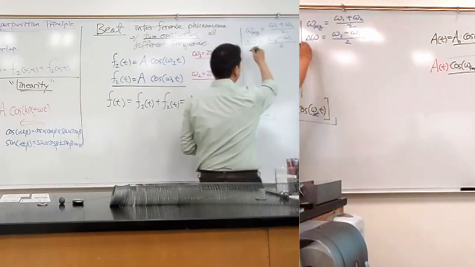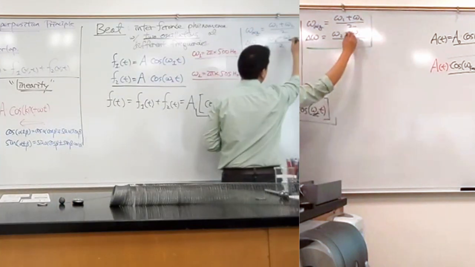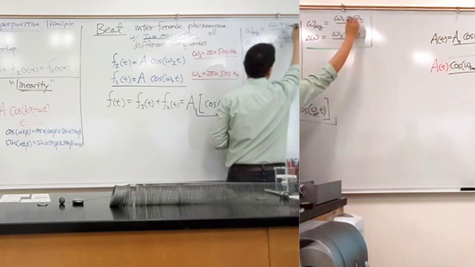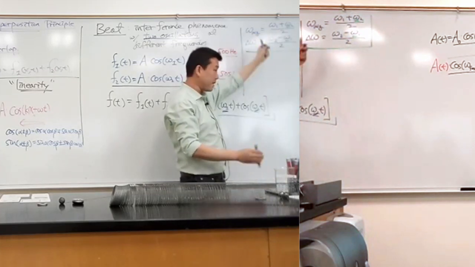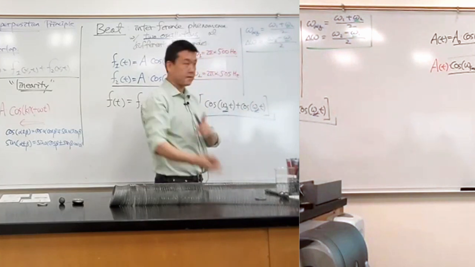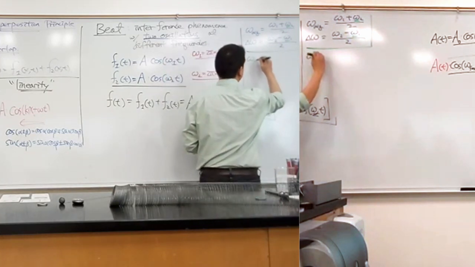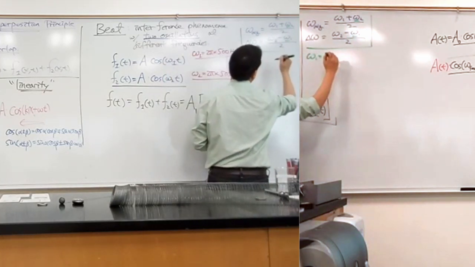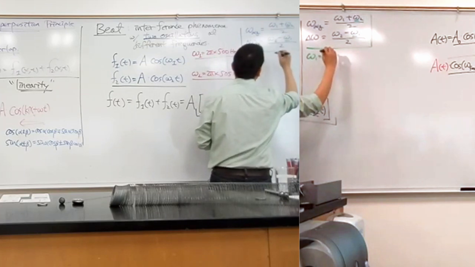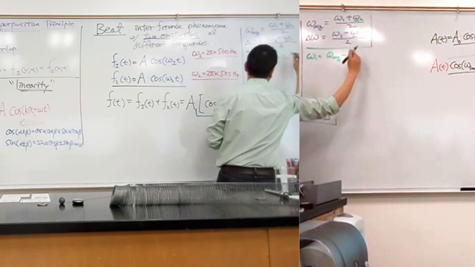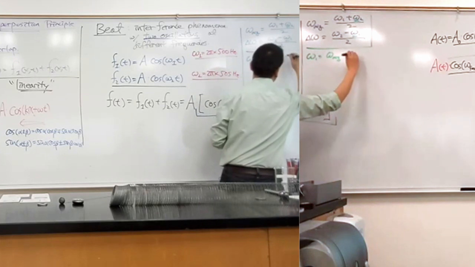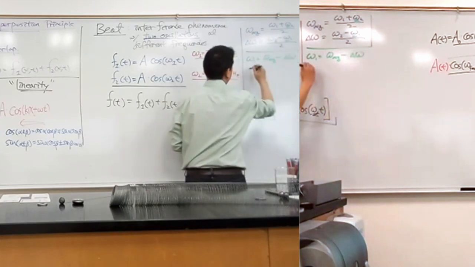Having written these two, I can actually write omega 1 and omega 2 in terms of these two. Let me write down the result and see if it makes sense. Omega 1 is equal to omega average minus delta omega.